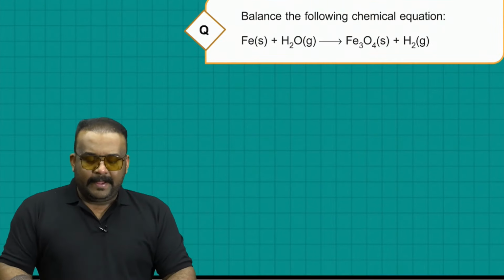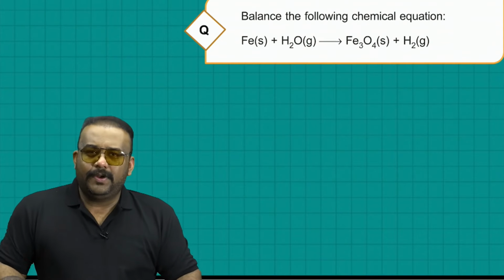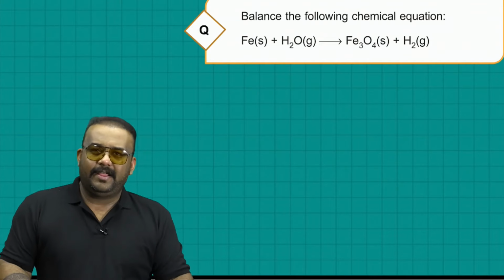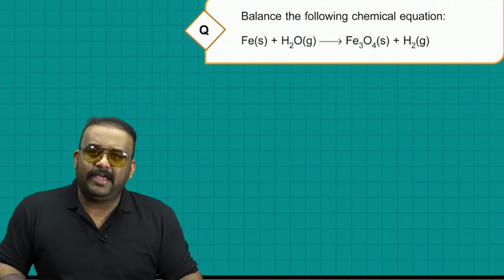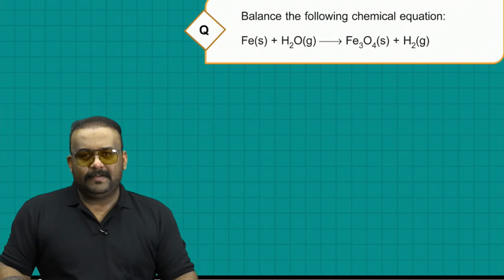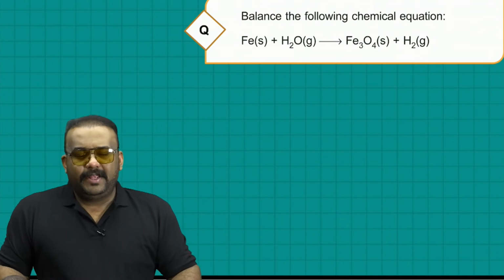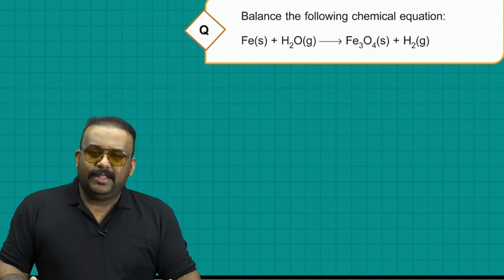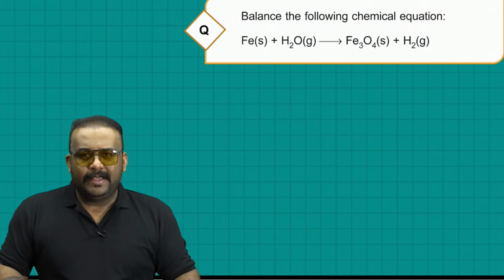The first question is, balance the following chemical equation. As you all know, in the chapter chemical reactions and equations, we learned that every time a chemical reaction takes place, the law of conservation of mass is always satisfied, which means whatever number of atoms or elements are present before the reaction, those many atoms should be present after the reaction as well.